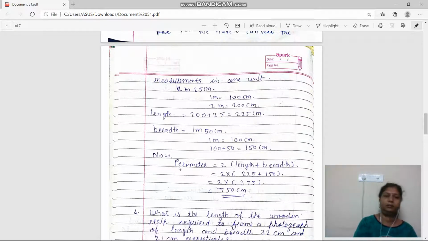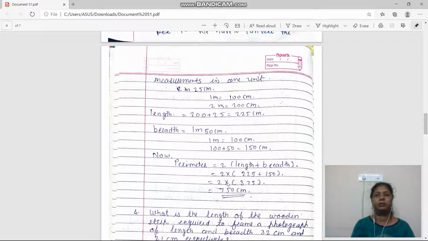So let's put the values in our formula. Now perimeter is equal to 2 multiplied by (length plus breadth). So 2 multiplied by, what is length? 225 plus 150. What will be the addition? It is 375.